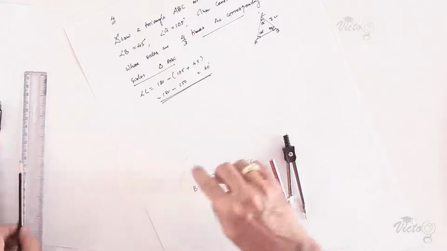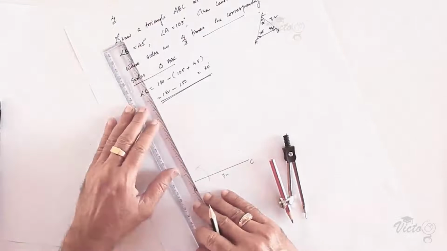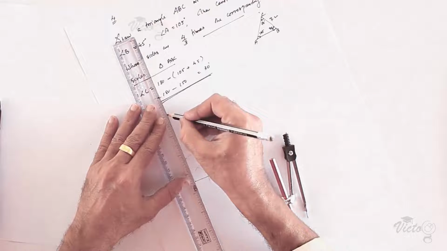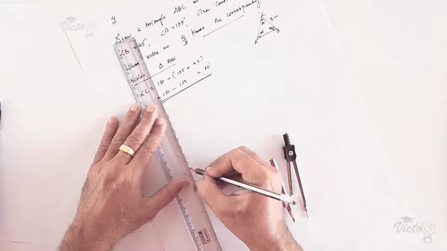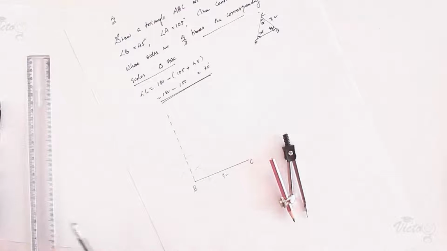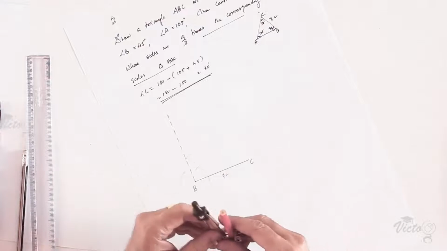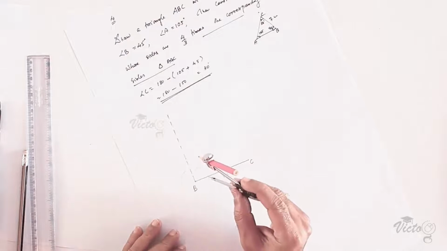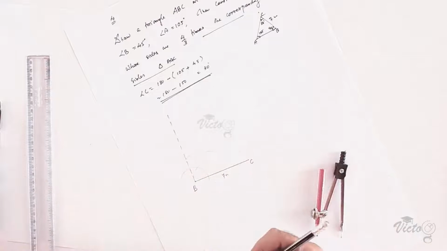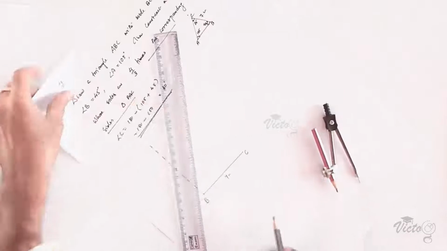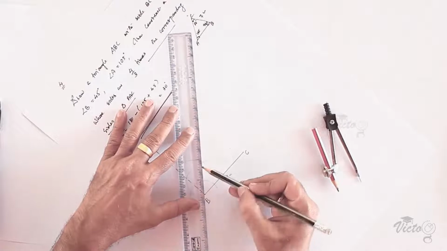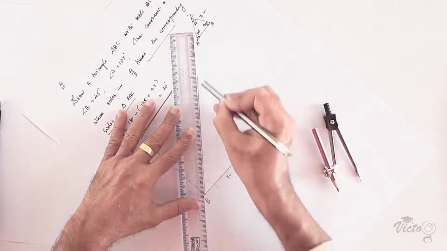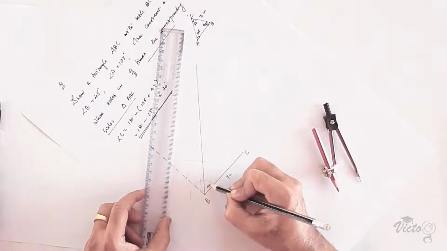Now join the point of intersection with B, we will get 90 degree. This is 90 degree and we have to bisect this 90 degree, then we will get 45 degree. 45 degree is obtained.